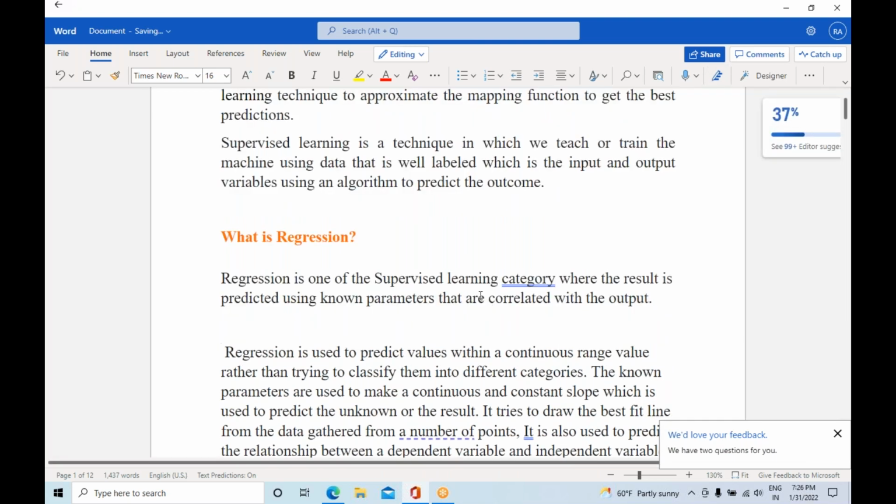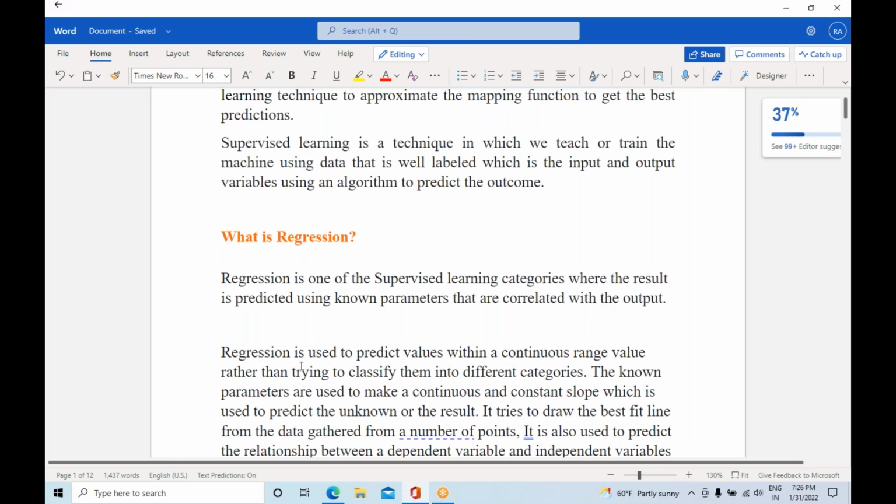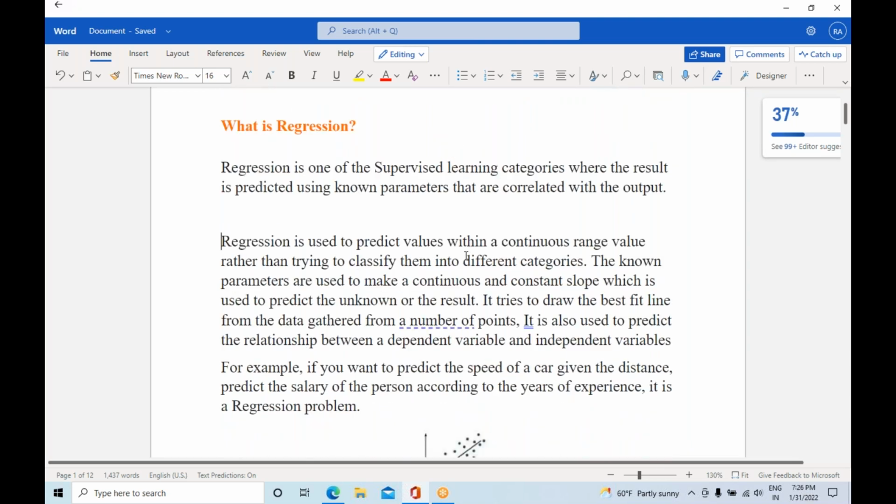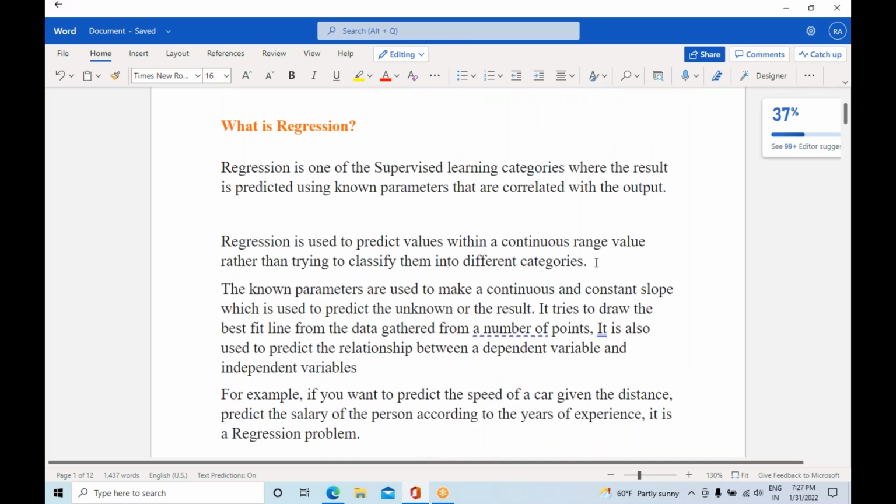Regression is one of the supervised machine learning categories or algorithms where the result is predicted using known parameters. You may have some known data that are correlated with the output variable or output data. Clear? Regression is to predict values within a continuous range rather than to classify into categories. So the result should be in number format or continuous data.